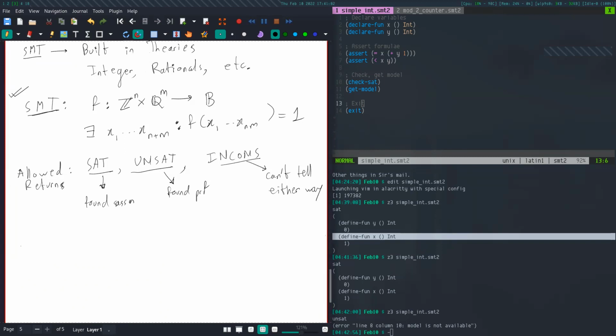Note that over here, this is what is known as first order logic. We are also allowed to quantify over these things.